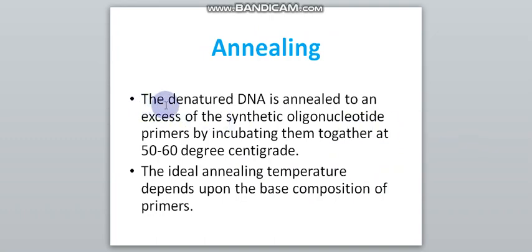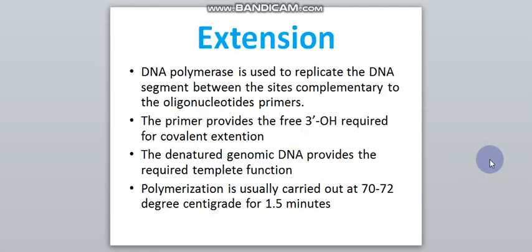Annealing: the denatured DNA is annealed to an excess of the synthetic oligonucleotide primers by incubating them together at 50 to 60 degrees centigrade. The ideal annealing temperature depends upon the base composition of the primers.